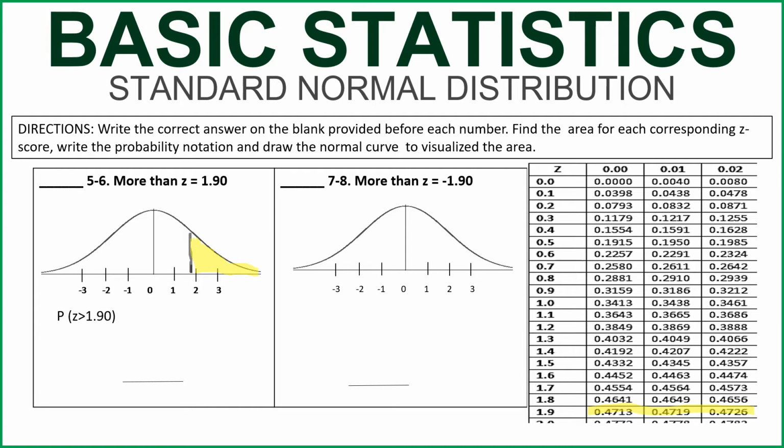So, definitely, it's here. Therefore, the intersection of 1.9 and 0 is 0.4713. This is the third digit, 0, and this is the second digit. So, that is 0.4713. Okay, let's shade. There. So, we got the area of 1.9, which is equivalent to 0.4713.